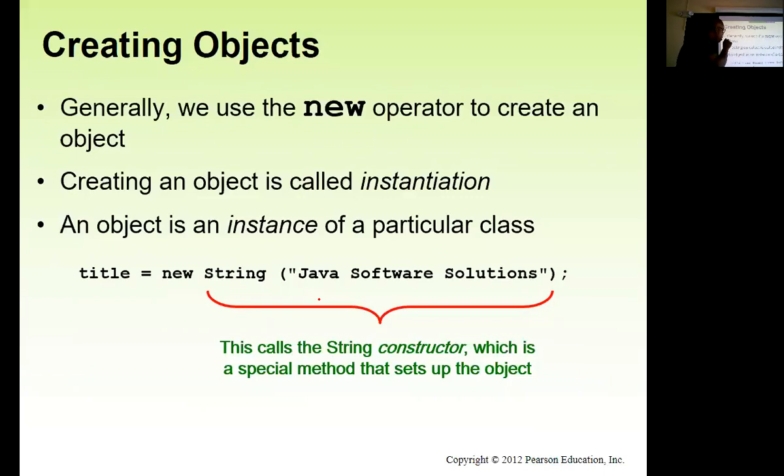And whatever is between the parentheses is the parameters, or the inputs, to that constructor. In this case, it's a group of characters in double quotation marks. So basically, we have now instantiated title, and now title has something in it, okay?